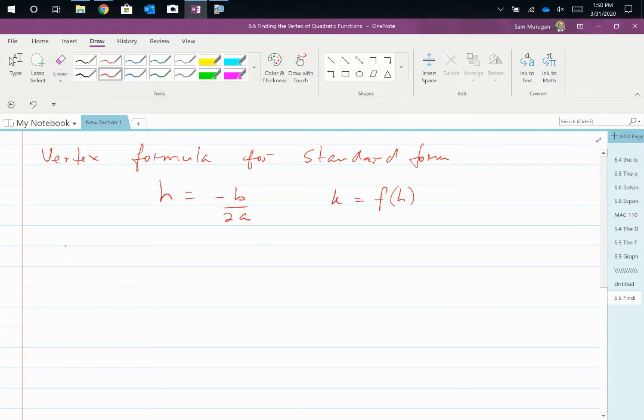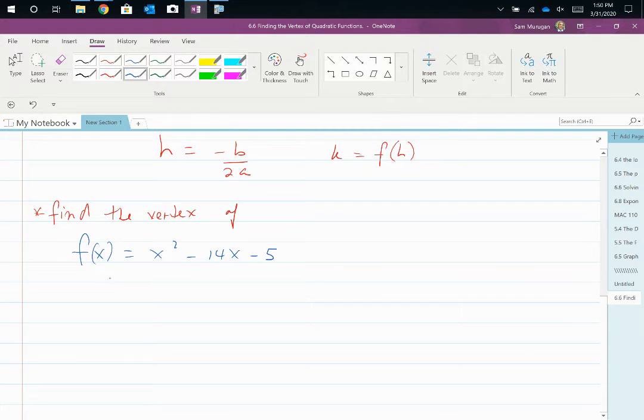So for example, if I have to find the vertex of f of x is equal to x squared minus 14x minus 5. Here a is the coefficient of x squared, which is 1, and b is negative 14.